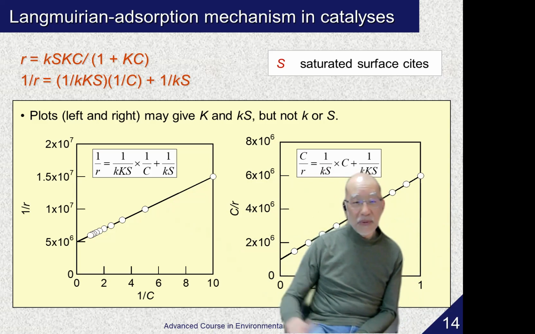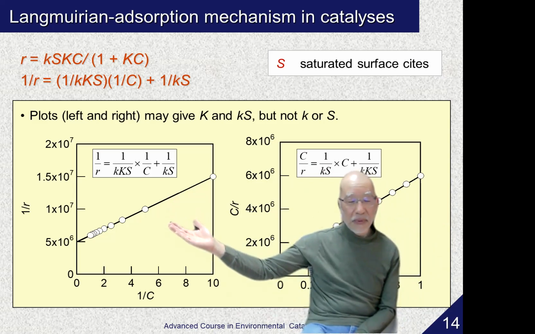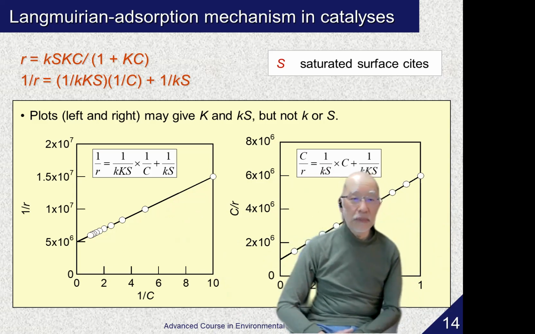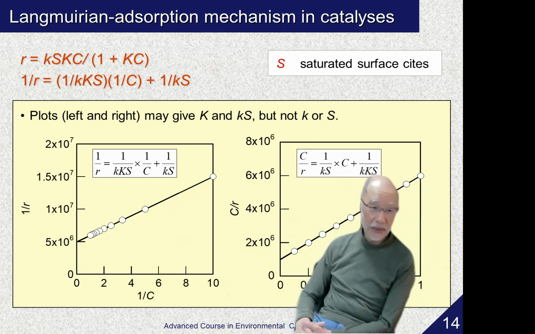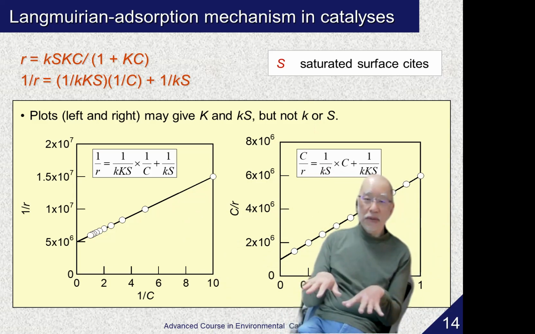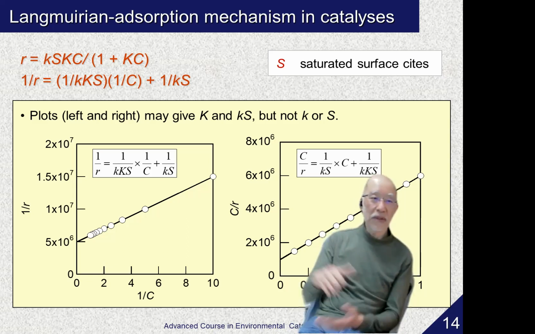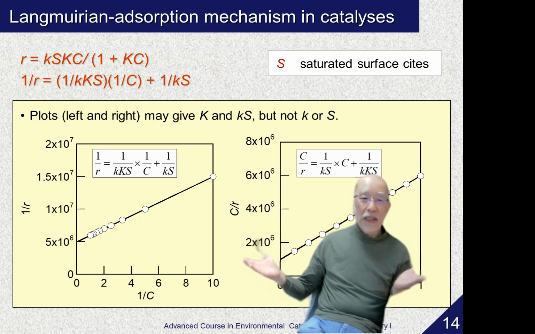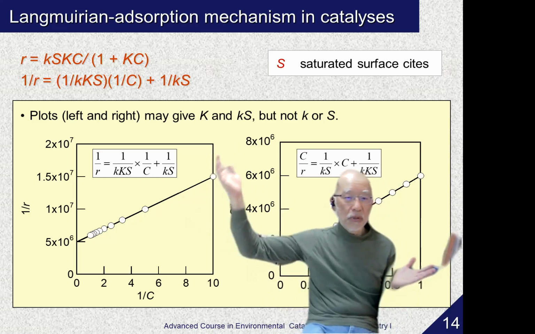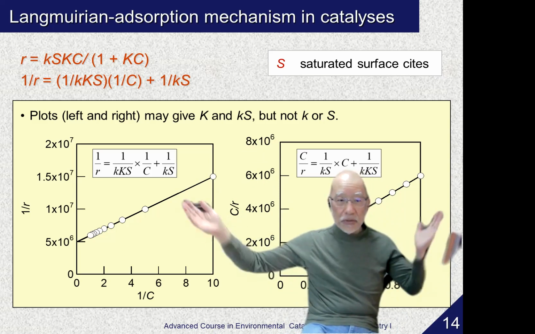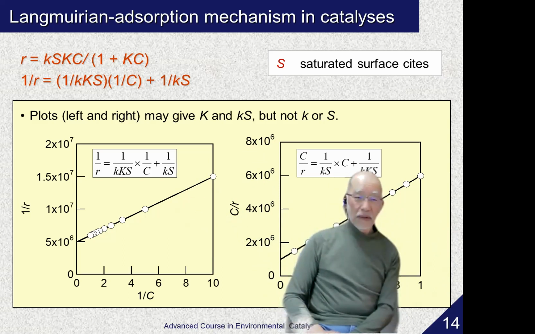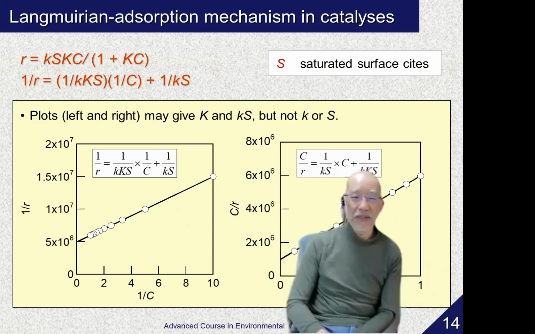Almost all people use this type of plot to check the Langmuir adsorption induced surface reaction mechanism, that is, the reaction rate is the reaction of substrate on the surface. This is true. But there are two ways of linearization like this, and actually they have the same meaning.